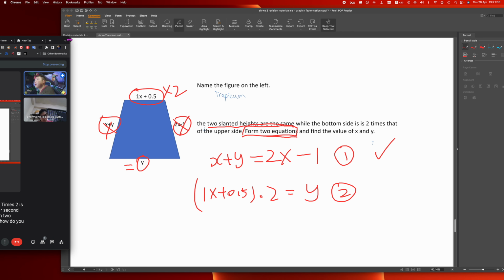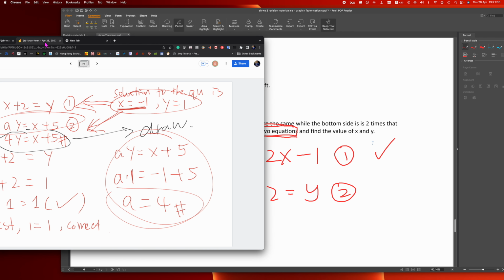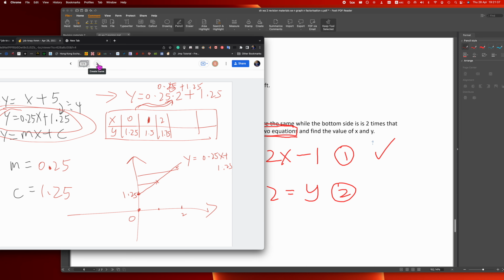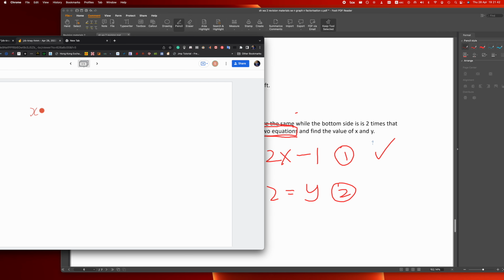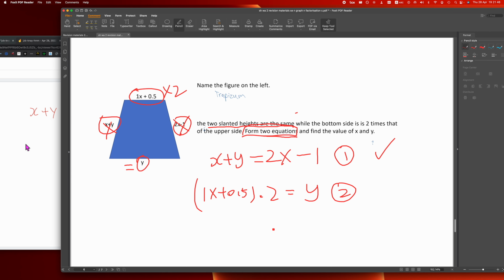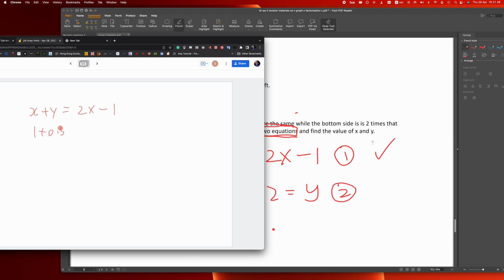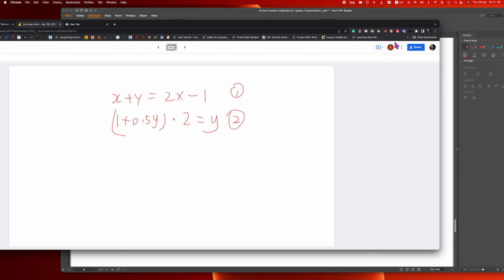Let me go to the Jamboard. Let me go to slide 6. Can you go to the Jamboard right now and solve this question? Okay, go to Jamboard. Let me share this to the meeting.